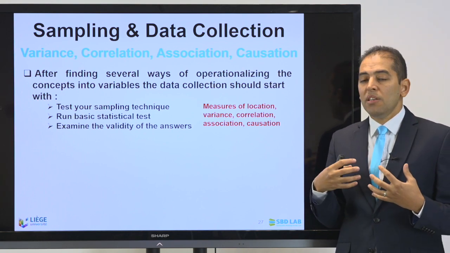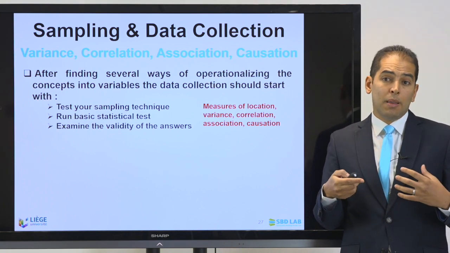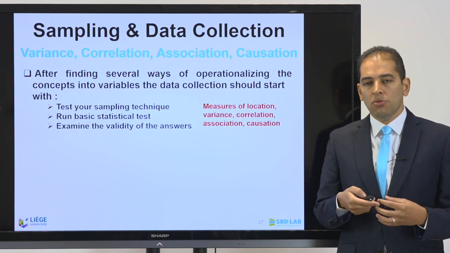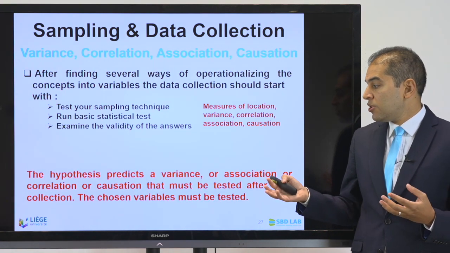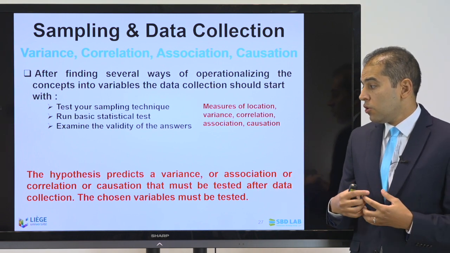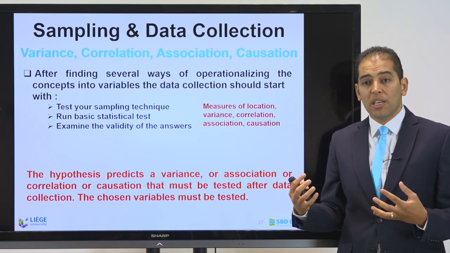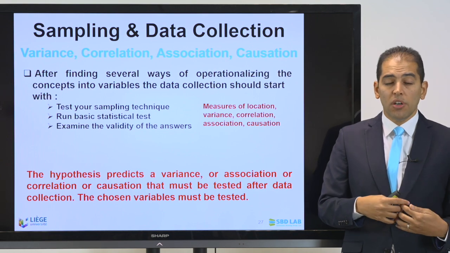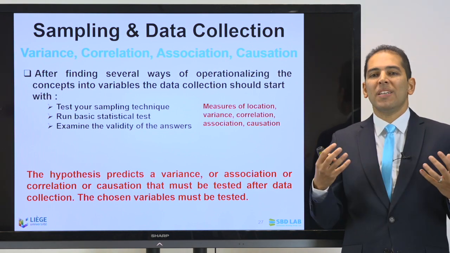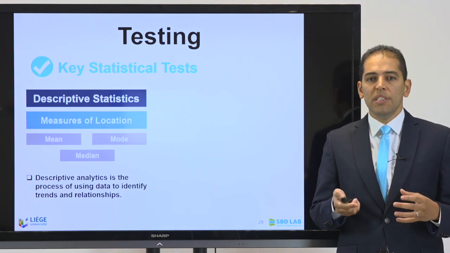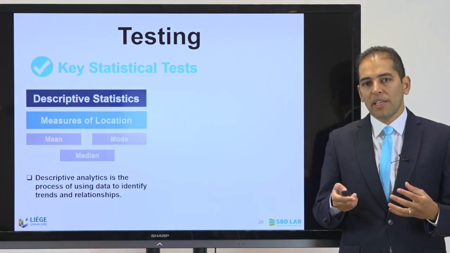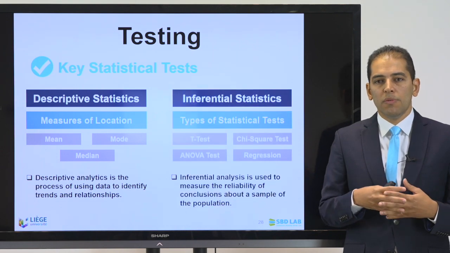I need to examine the validity of my research questions, that they make sense and can result in useful output. And therefore, the hypothesis predicts a variance, association, correlation, or causation, like we said, and I need to test that early on to make sure that there is a chance of success. Now, there are two key statistical tests that we are all familiar with.